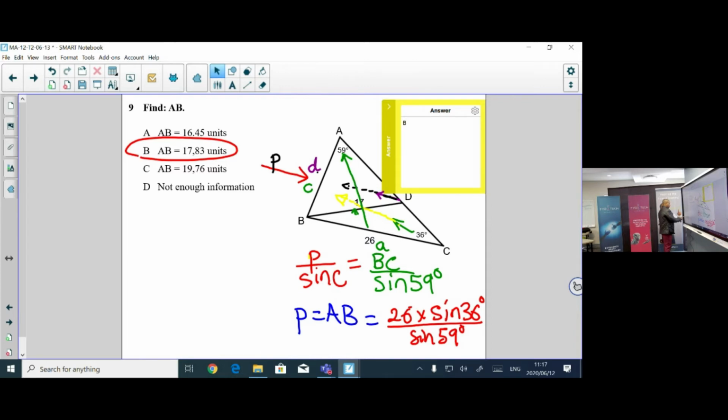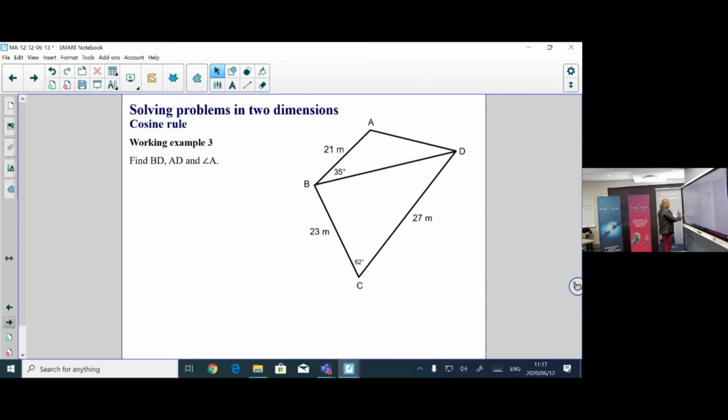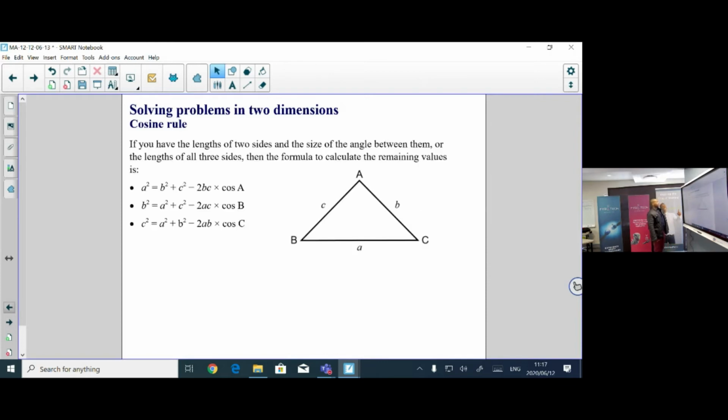start on the cosine rule. All right, so the cosine rule is another method we can use to solve triangles. The same way we use the sine rule to solve triangles, which we needed angles or sides. But we don't just use these rules randomly.